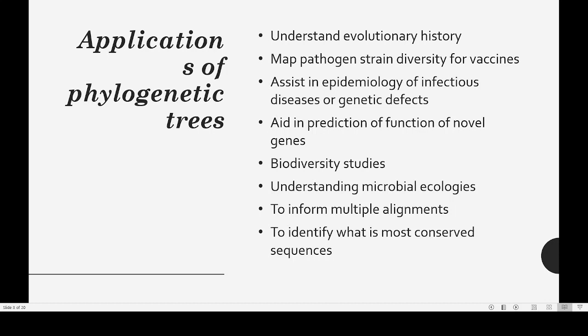In biodiversity studies, a lot of applications are there. For example, recently I heard on television that there was an animal called the dodo. You might have heard about that. And the dodo became extinct in the 17th century. I think the last specimen of the dodo was obtained around 1653 or 54.